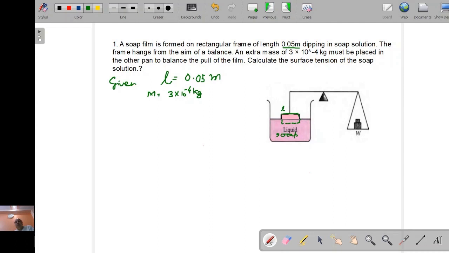And here is the film inside the frame. We have to find out the surface tension of the soap solution. Surface tension T we have to find out.